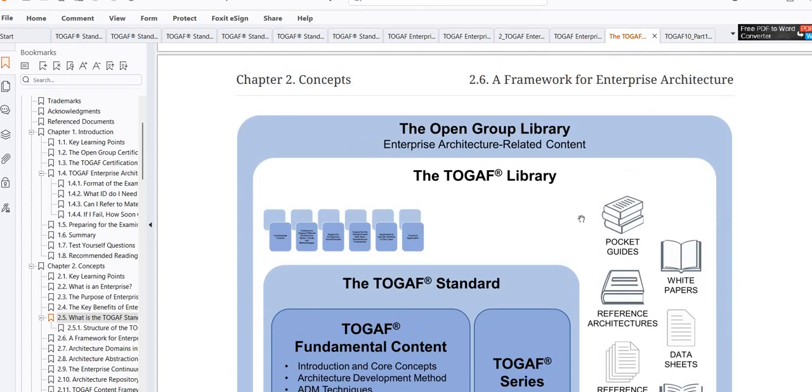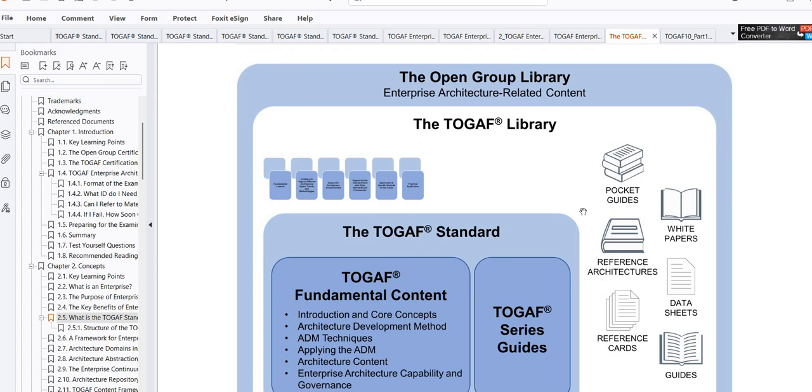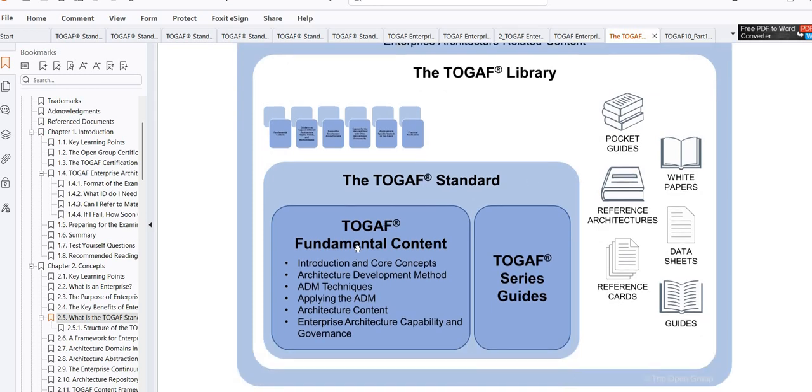The libraries, how the overall framework looks from the enterprise architecture point of view. You have to understand the main concept, the Open Group library. So the TOGAF library, the TOGAF standard, has two parts: one is the fundamental content and another one is the TOGAF series guide.